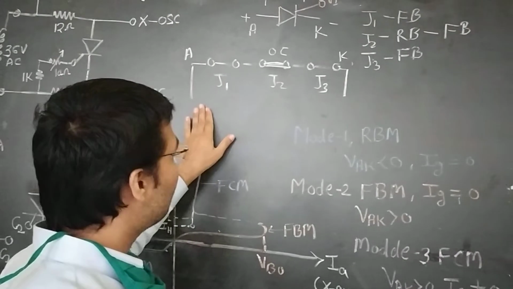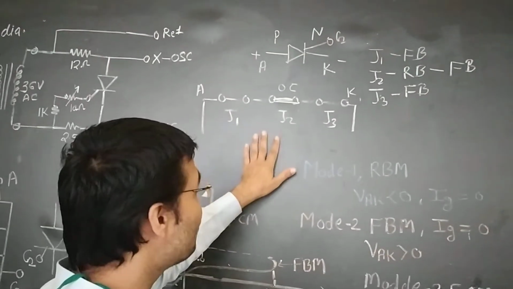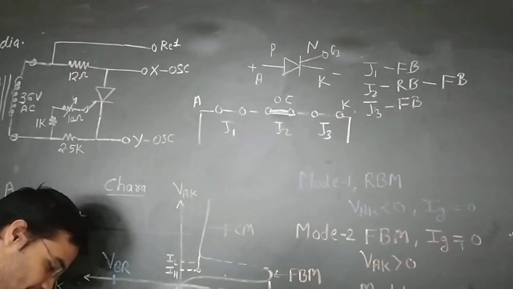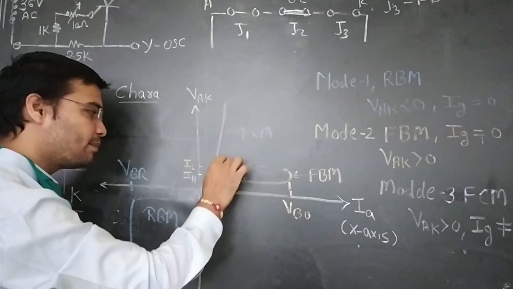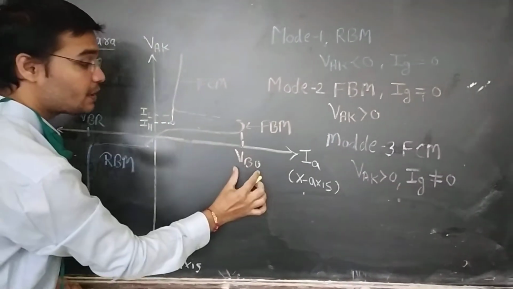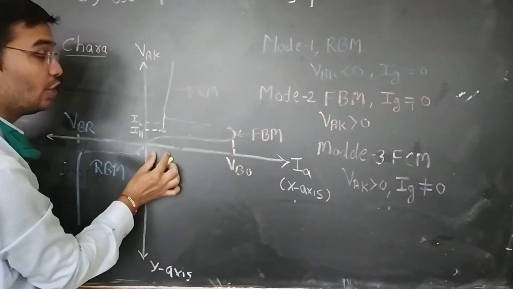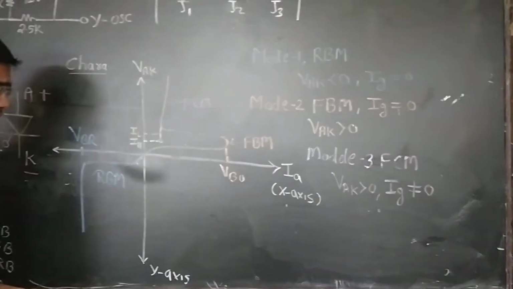At any short circuit terminal, we know the voltage becomes minimum. That's why this point shifted to here. You can plot a projection, so this forward breakover voltage is reduced during mode 3 operation, the forward conduction mode operation.